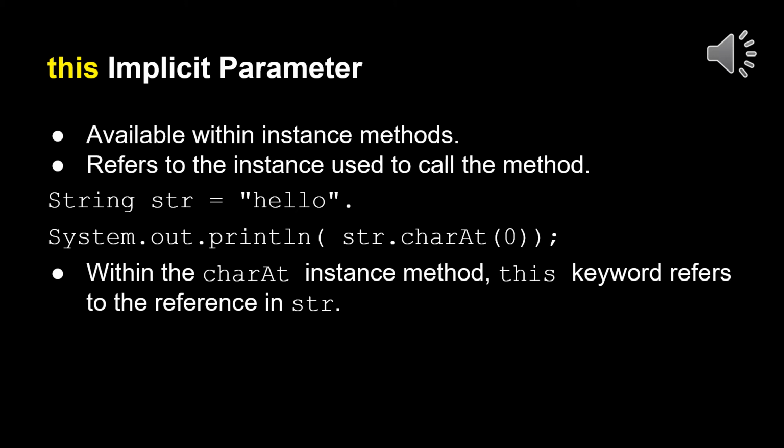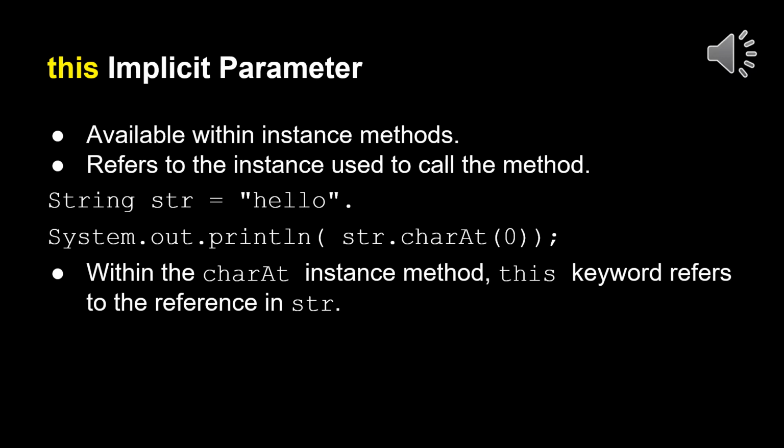So we have "hello" as an instance of a string object, and we save the reference to that string object in str. And now we say str.charAt(0). Imagine writing the charAt method.